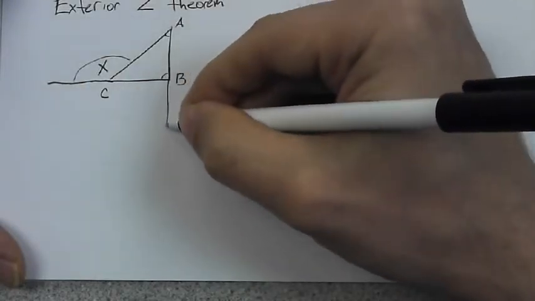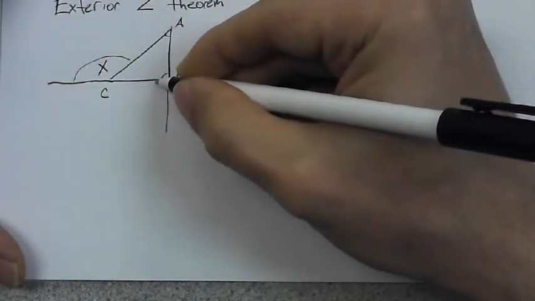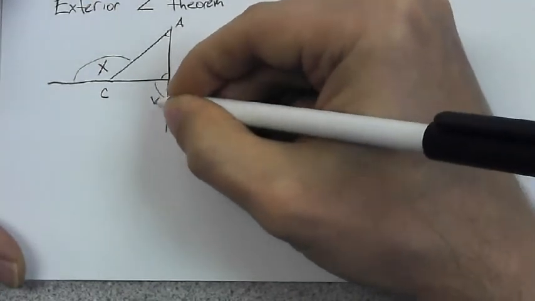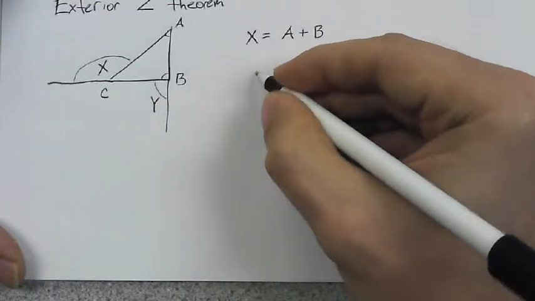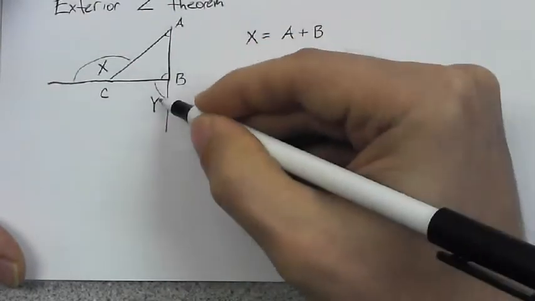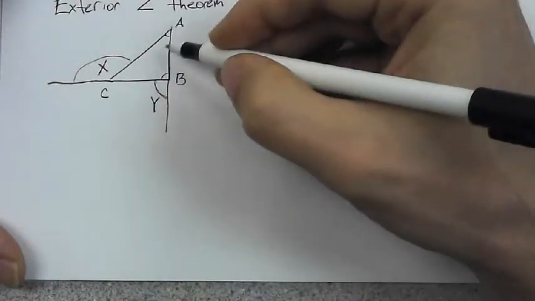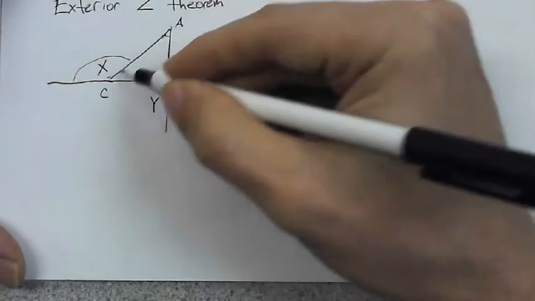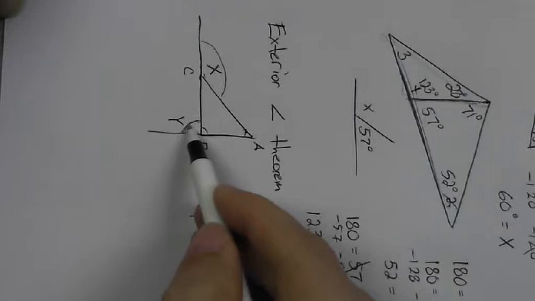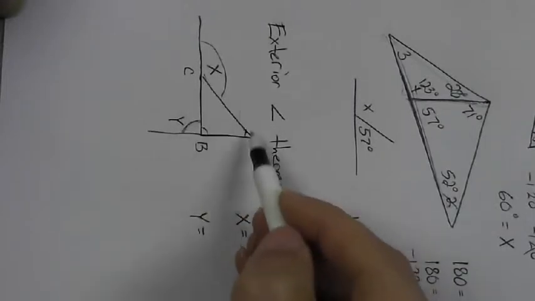Now, what if you extended this another way? Let's say we extended it right here, and let's call this angle y. We would say the measure of angle y equals, now again, the ones that are opposite are going to be that and that. If it helps, you can turn your paper to see that. Opposite this angle, boom, boom.